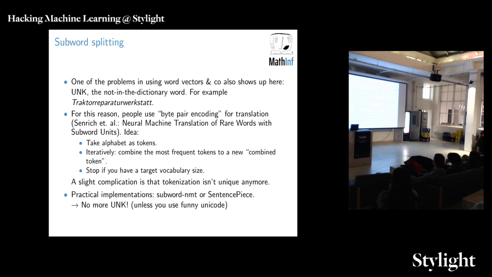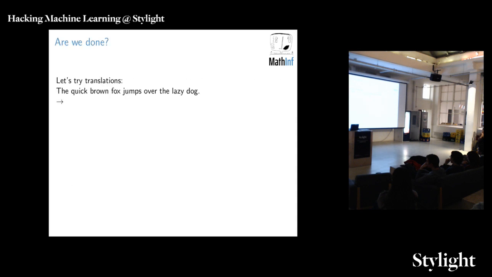A slight complication in this is that tokenization isn't unique anymore, but for practical purposes, we just use the subword NMT model or sentence piece. You have a Python include, you dump your text in that, and you get the tokenized thing out. So that's easy.